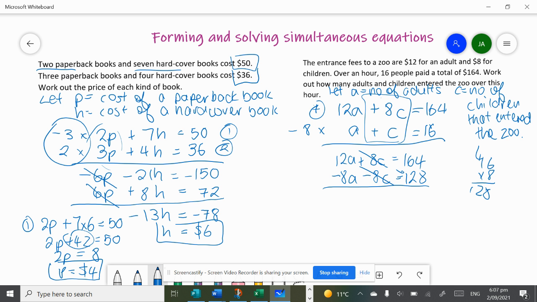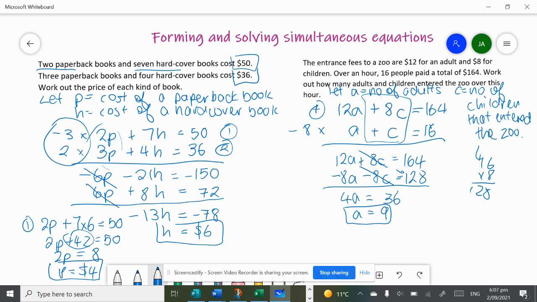That cancels out, so we've eliminated our C. 12a minus 8a is 4a, and 164 minus 128 is 36. So A is 36 divided by 4. To get rid of times by 4, divide it. And so A equals 9.